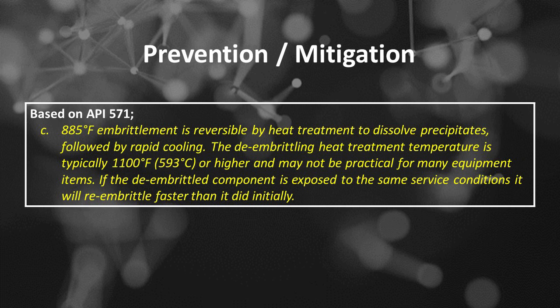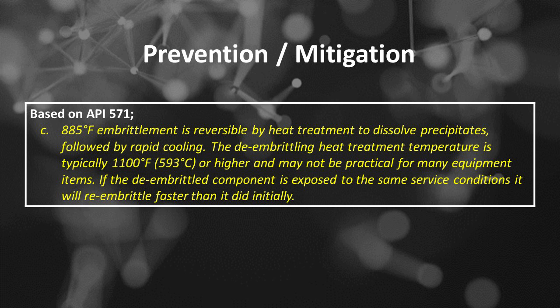The third is 885 degrees Fahrenheit embrittlement is reversible by heat treatment to dissolve precipitates, followed by rapid cooling. The de-embrittling heat treatment temperature is typically 1100 degrees Fahrenheit or 593 degrees Celsius or higher and may not be practical for many equipment items.